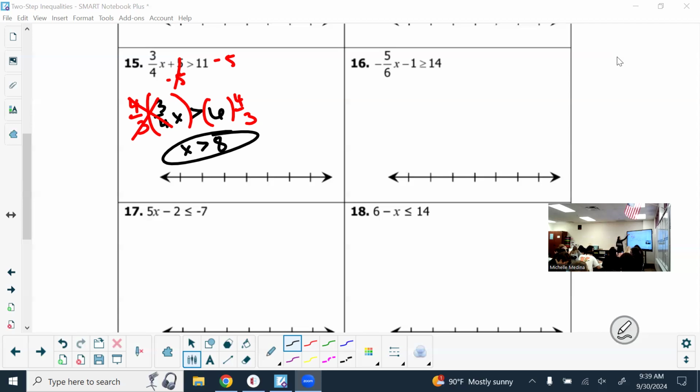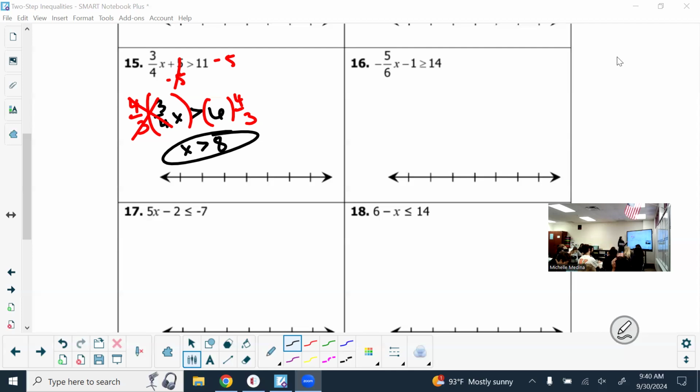Okay. Now over here, you could have phrased this 2 different ways. I multiplied by the reciprocal to cancel out the coefficient. So I multiplied by 4/3 on each side. You could have also said you divided by 3/4 on each side. That's the same thing. Only thing is, I think that does get tricky. I feel like you need to use a calculator to get the right answer if you do that.